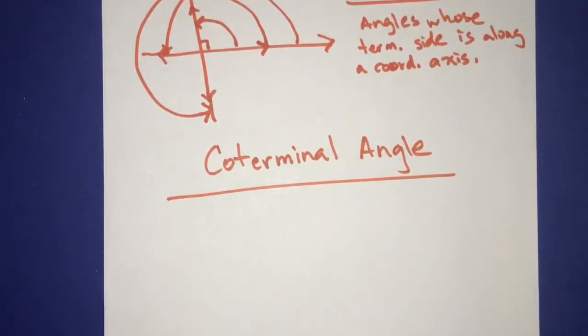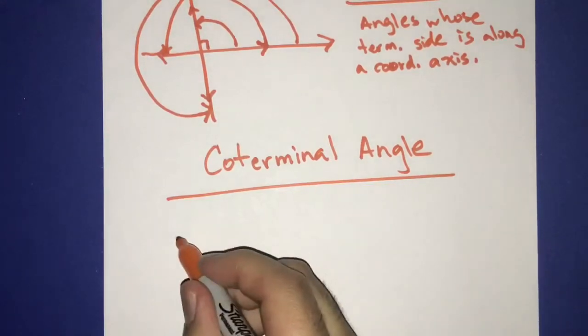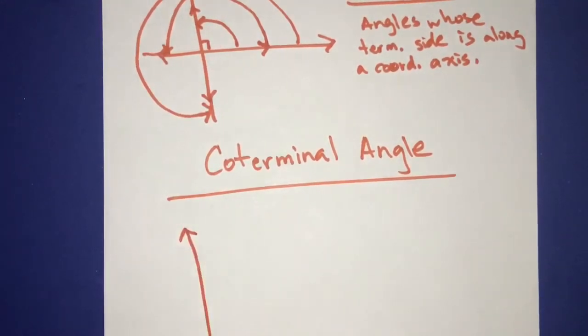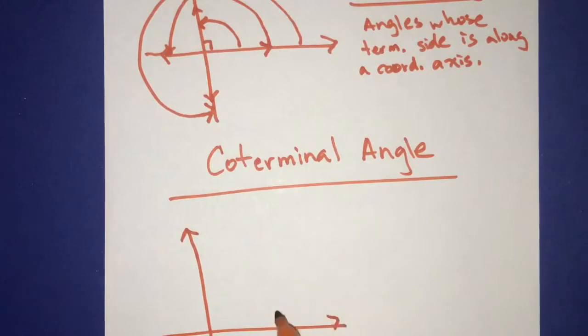So let's go ahead and take a look at this. So a coterminal angle would look like this. Say this is our initial side, and we rotated it through, say, 30 degrees.